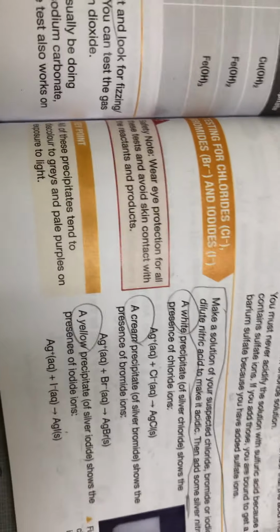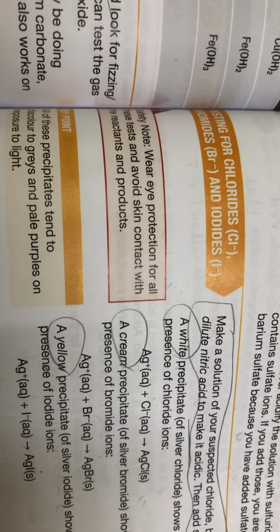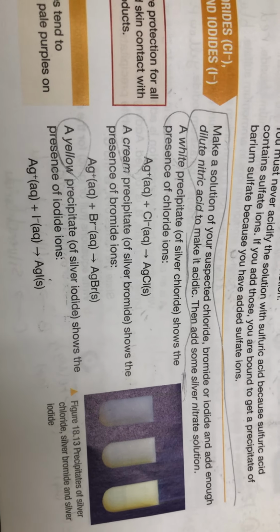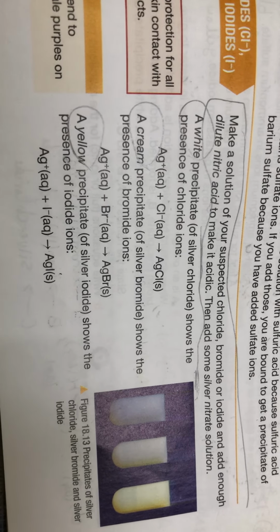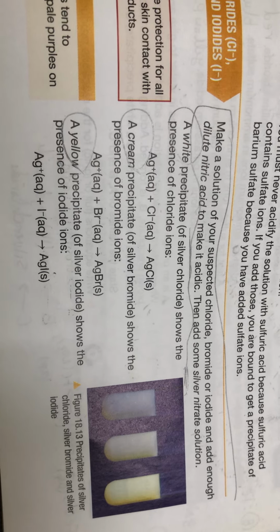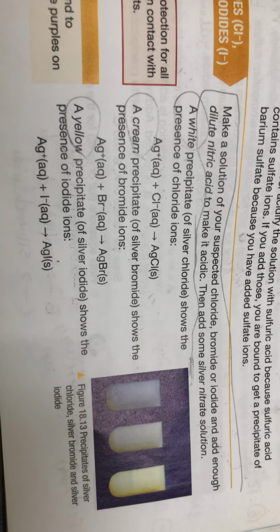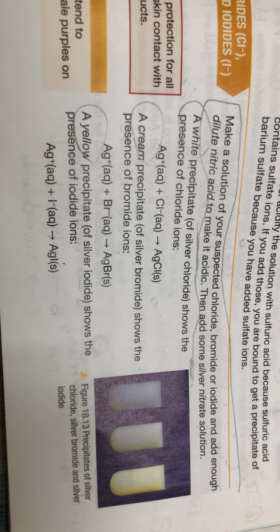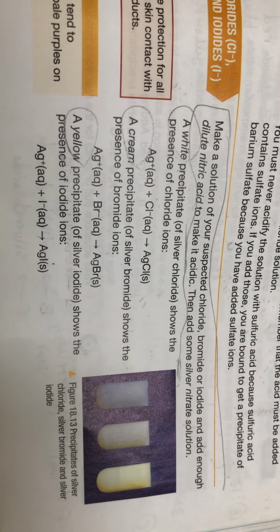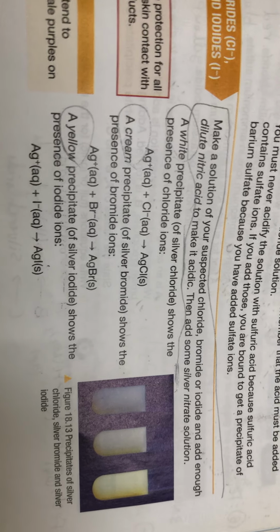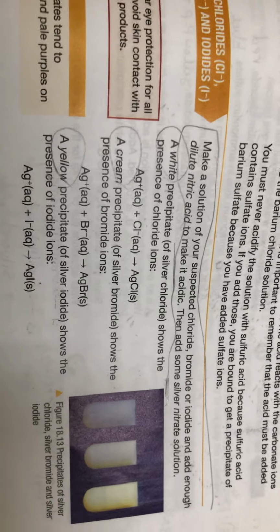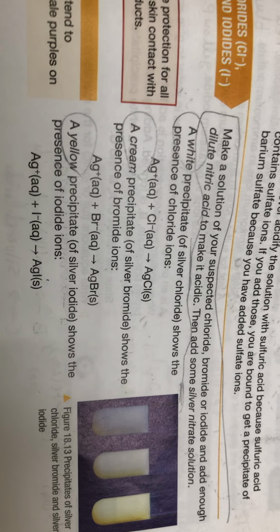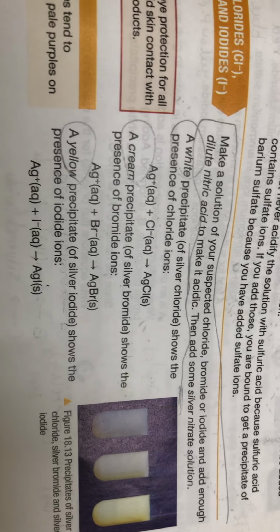To test the presence of negative halide ions like chloride, bromide and iodide, I'll add a few drops of nitric acid to make the medium acidic and remove the impurities. Then add a few drops of silver nitrate solution. The white precipitate indicates the presence of chloride due to formation of silver chloride.